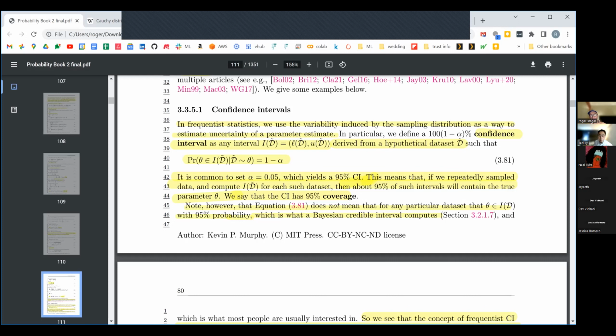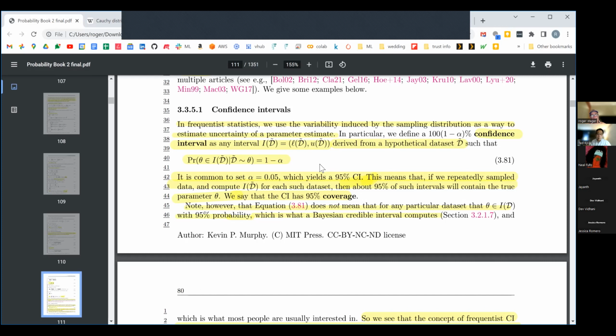So if I understand this right, what I'm reading is that when you express a confidence interval, which is the frequentist approach, essentially you're doing multiple samples of the data set. Is that right? And then you're determining this region from that?